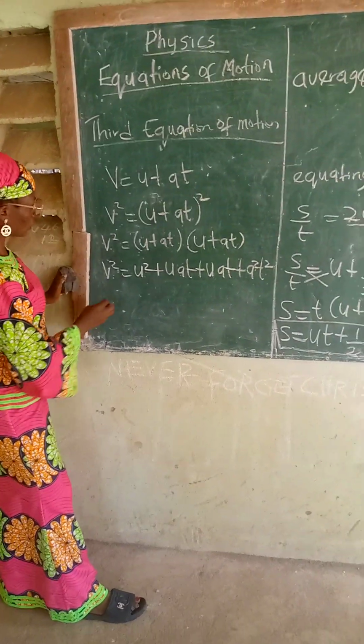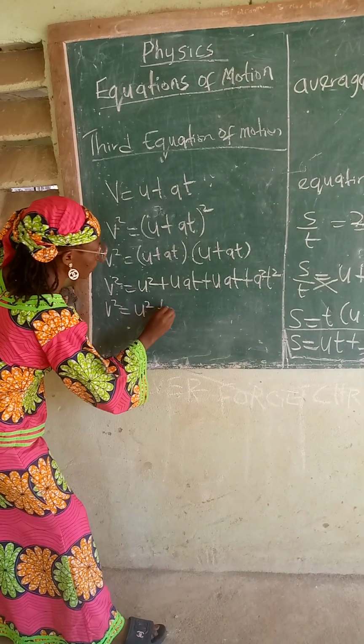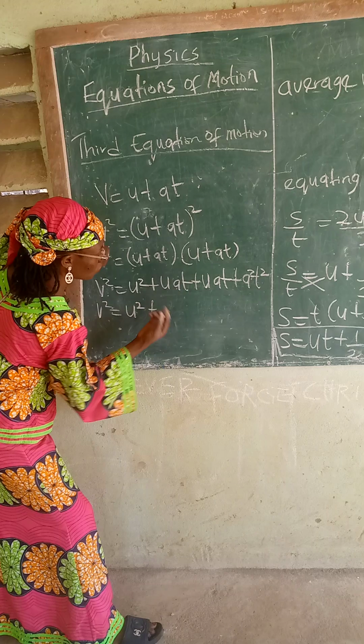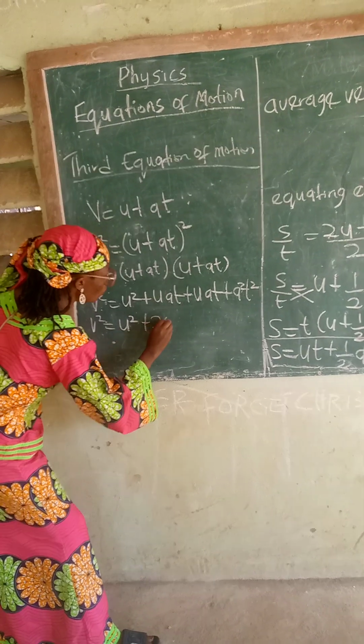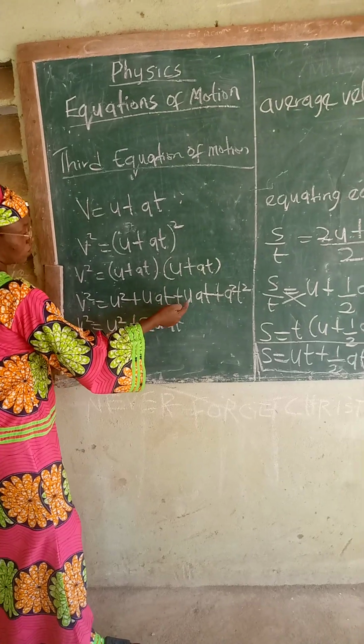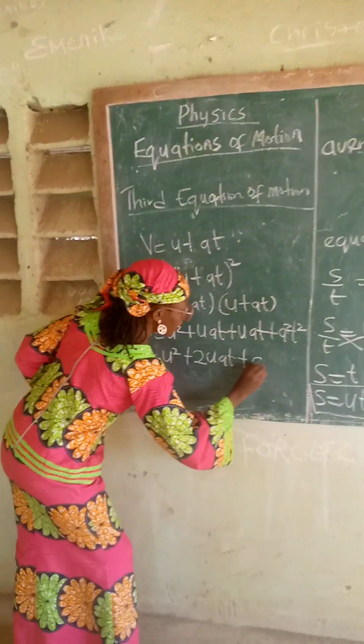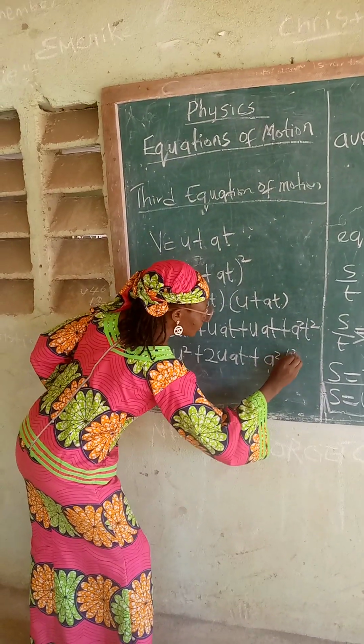Is that okay? So now let's collect like terms to give us U squared plus UAT plus UAT. UAT is common, so we have 2UAT. We assume that this is 1UAT plus another 1UAT, and 1 plus 1 will give us 2. So we have plus A squared T squared.